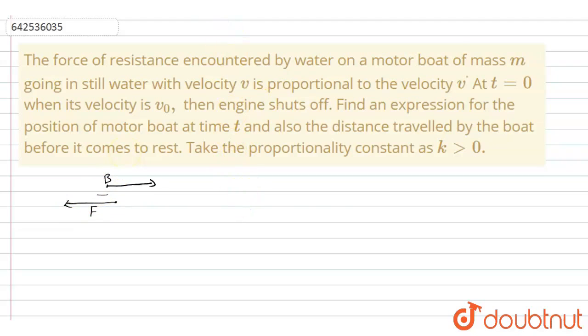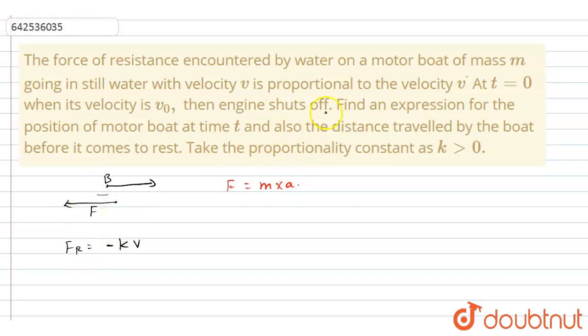We already know that force equals mass into acceleration. So here, force and velocity: the velocity is opposite to the force, right? So force equals minus kv, opposite to the velocity, so I am putting a negative sign here.